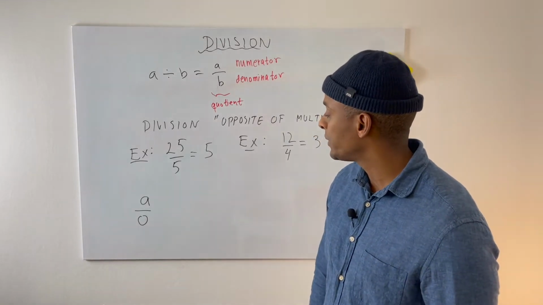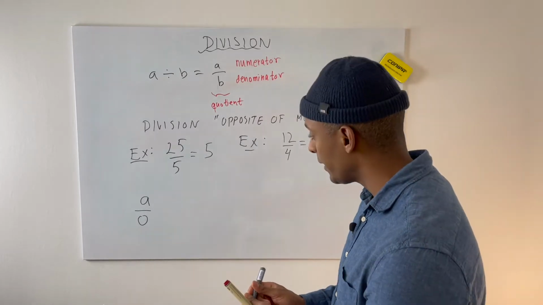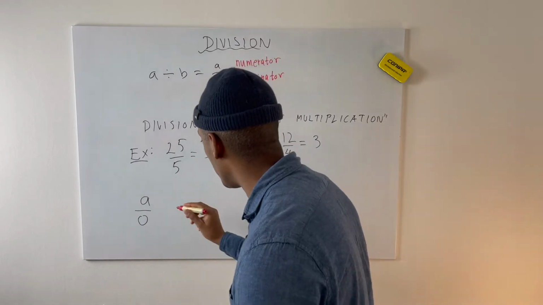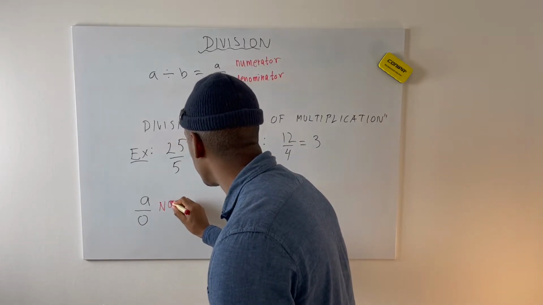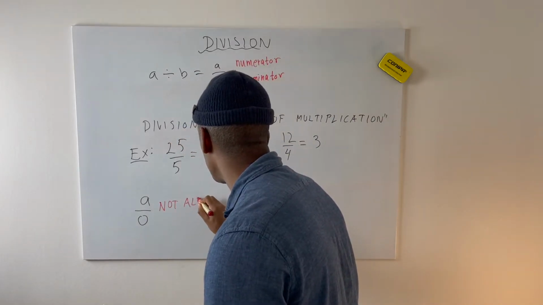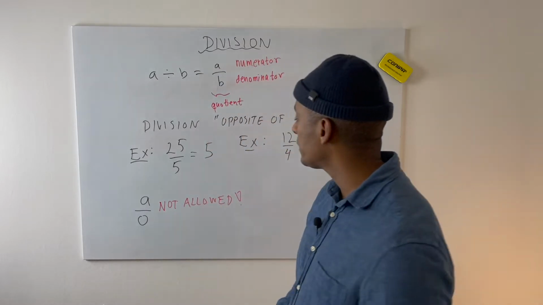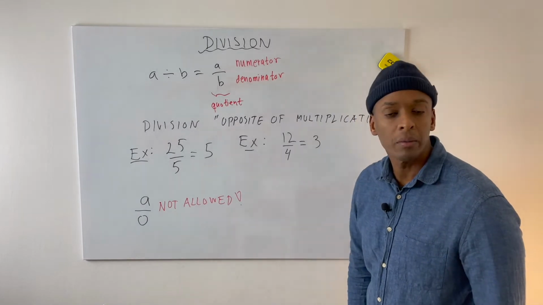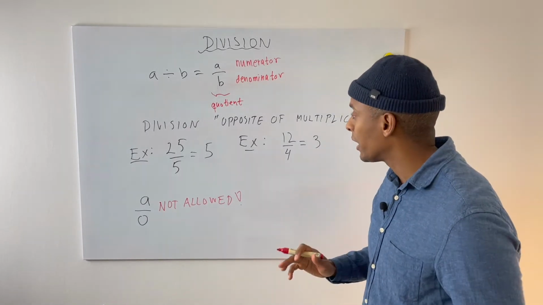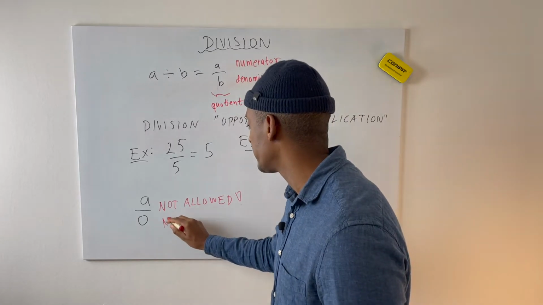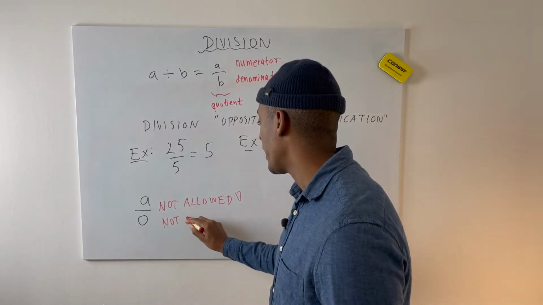This is something we have to learn, and it's very important. This is not allowed. It is not allowed to divide by 0. It is never allowed. Or sometimes they say it's not defined. Same thing.